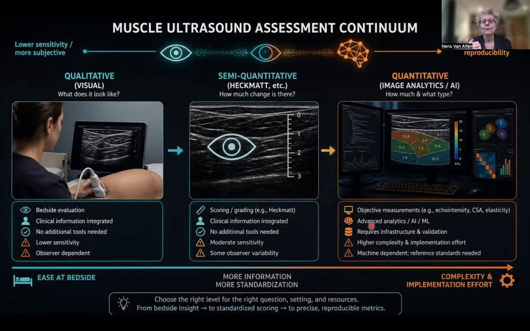But then you will need reference values for your machine and your settings. You may need integration with AI tools or other digital infrastructure. So this usually is interesting if you're a neuromuscular specialist center. If you just want to assess a muscle now and again during your EMG to make sure that you stick the needle in the right spot, I would suggest you use either of these techniques.